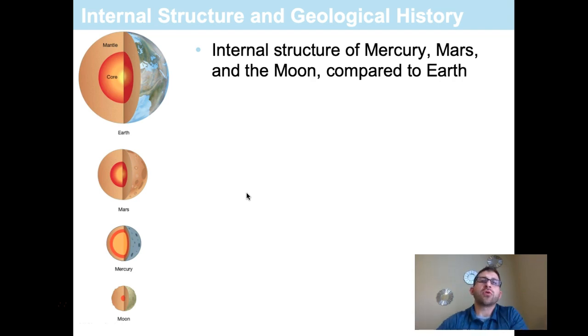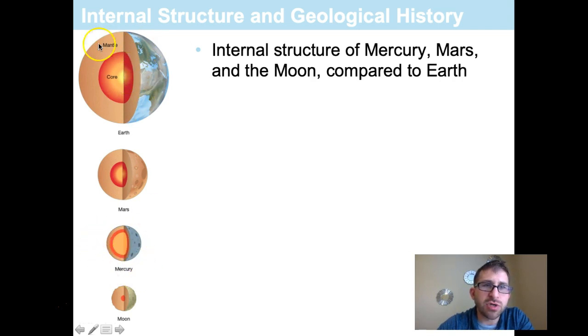Now, the internal structure of each of these planets I'm going to show a number of times throughout these lectures, and I want you to always consider how each of these worlds is in terms of its internal structure compared to the Earth. So let's look at Mercury for a moment. Here is Mercury.